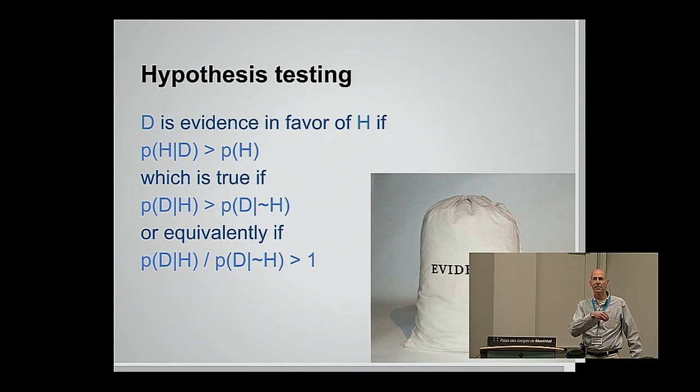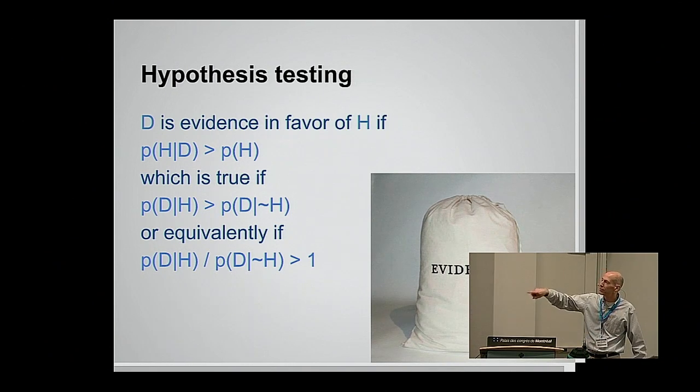If the data make the probability go up, then they are evidence in favor. So the top line says the posterior is greater than the prior. That will be true if the likelihood of the data under H is higher than the likelihood of the data under not H.